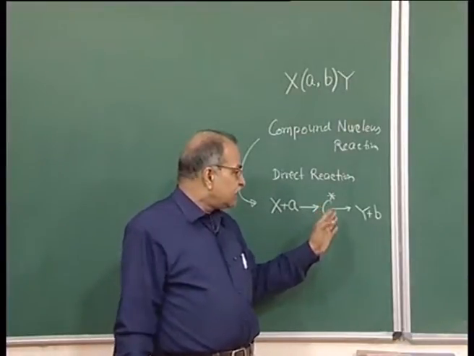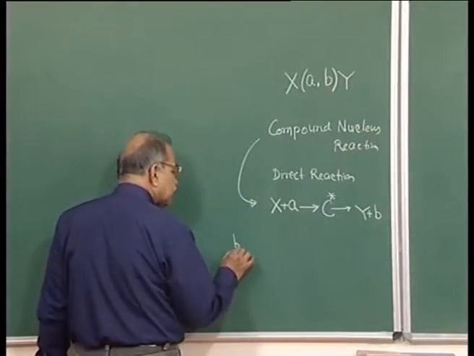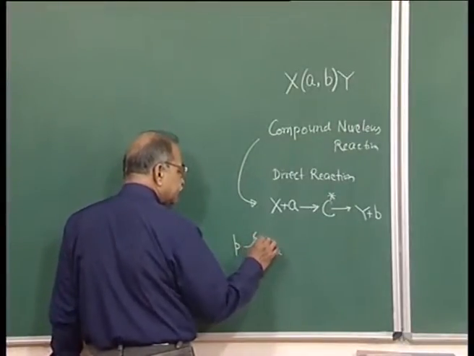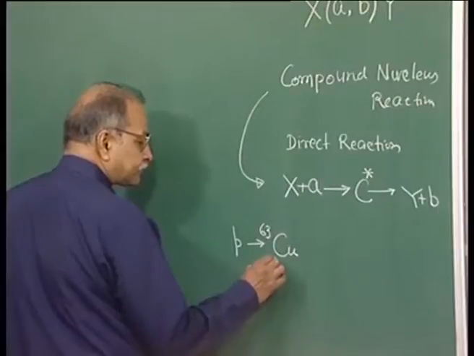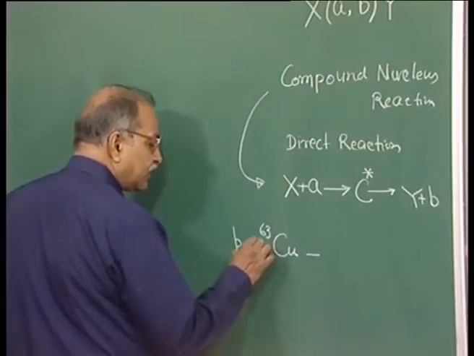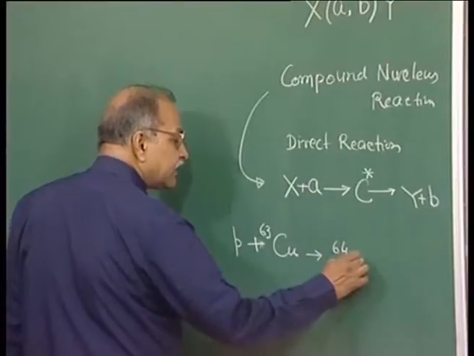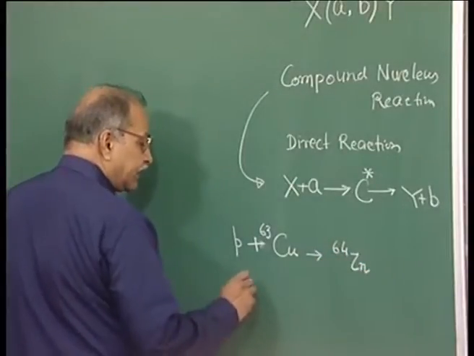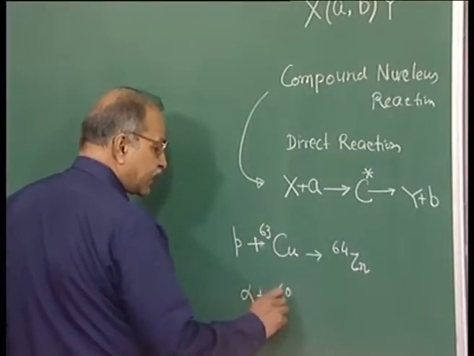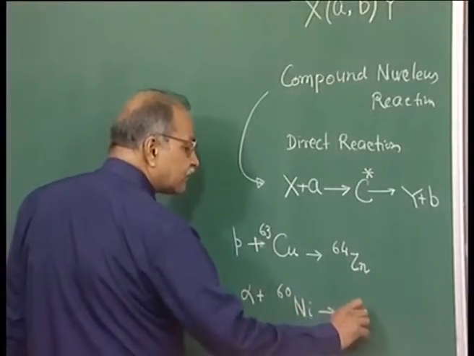I will show you a slide in which we will have this proton falling on copper-63, and then this will make, so proton falling on this, it will make zinc-64, and another way in which it can do is this alpha particle can go on nickel-60, and that will also form zinc-64.